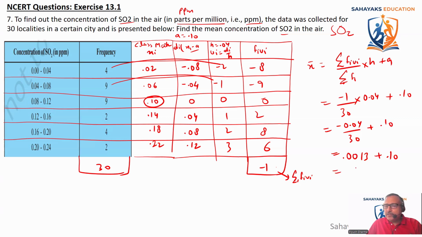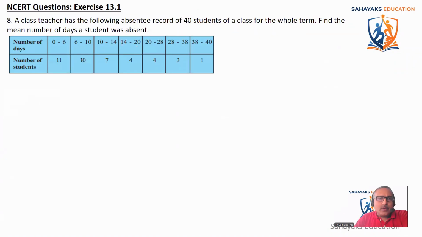Now if we add it, the answer comes out to be 0.0986. This is the mean concentration of SO2 in the air. So guys, is it clear? Not clear? These questions are exactly the same for finding mean. For finding mean, exactly the same method. Okay, continue to the next question.